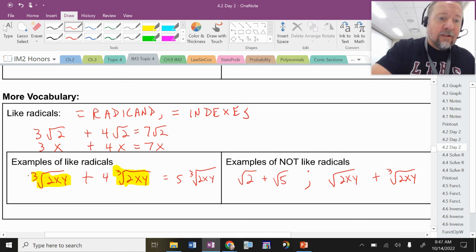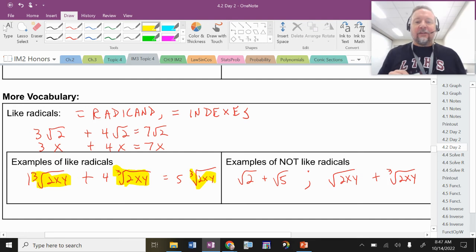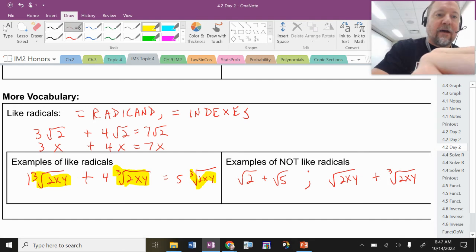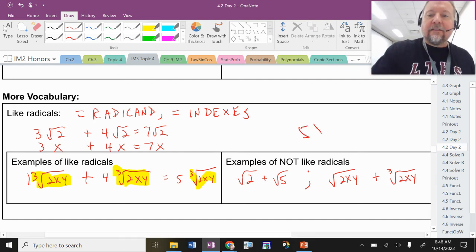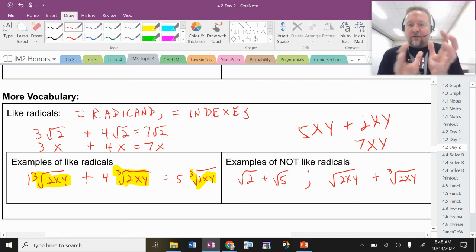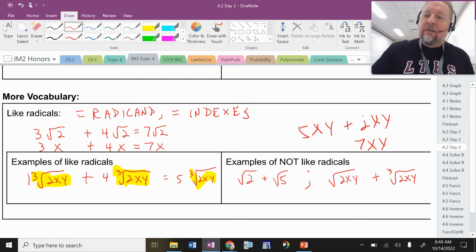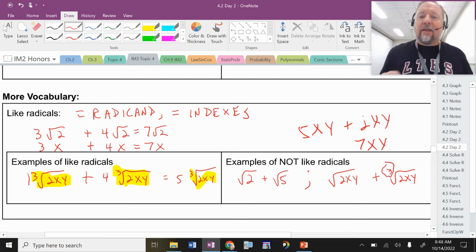So you have 1 and 4 of this monster variable, 5 of these monster variables. It's just like 5xy plus 2xy, that's 7xy. When you have double variables in a term, if they're the same double variables, then they are like terms. Not like radicals: when the indexes are not equal, you don't have like radicals.